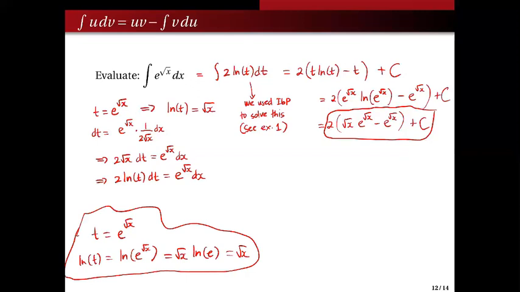Any questions? Okay. Now, in the exam or homework or quiz or final exam, if I ask you to integrate this, of course you will possibly end up with this guy.